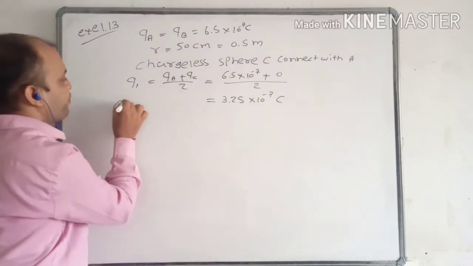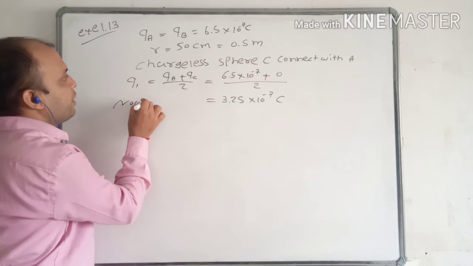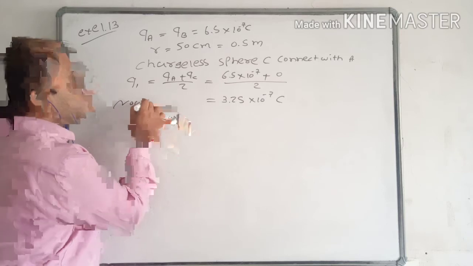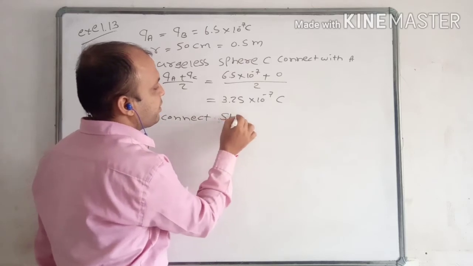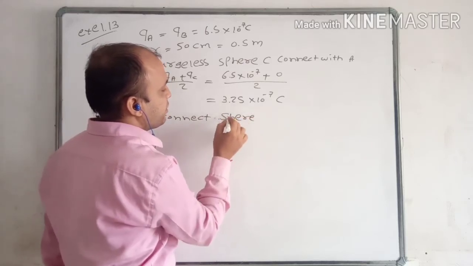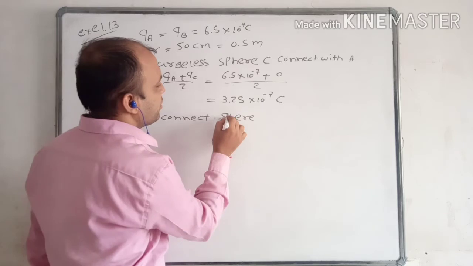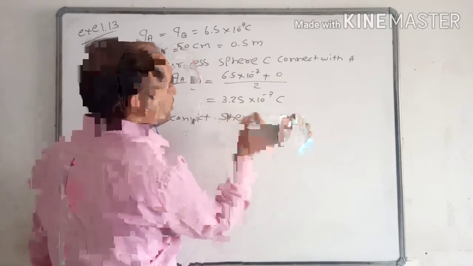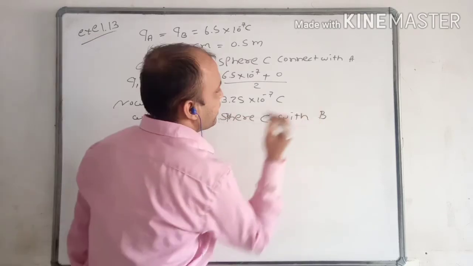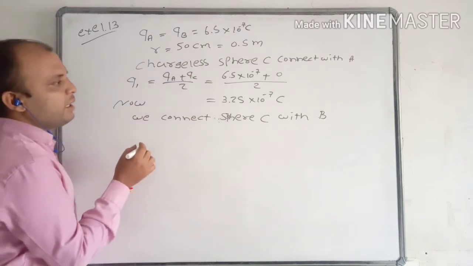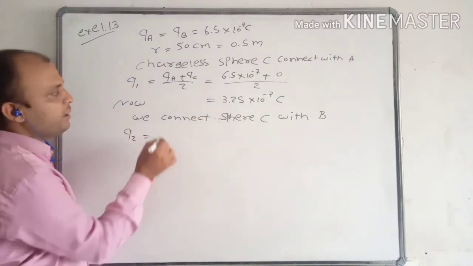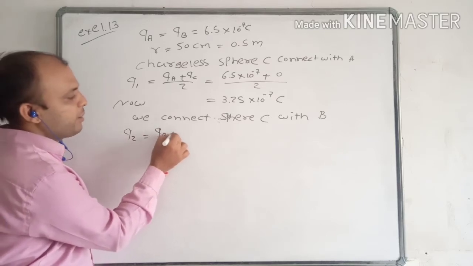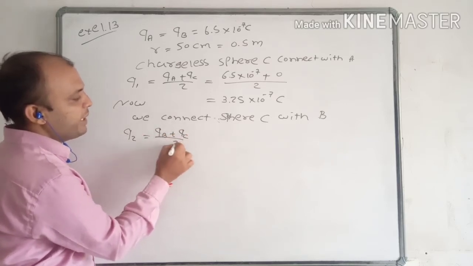Now connect sphere C with B. In this case we get a charge on each sphere that will be QB plus QC divided by 2.